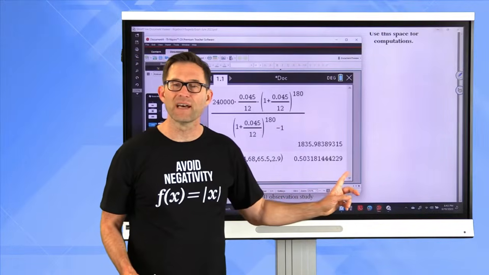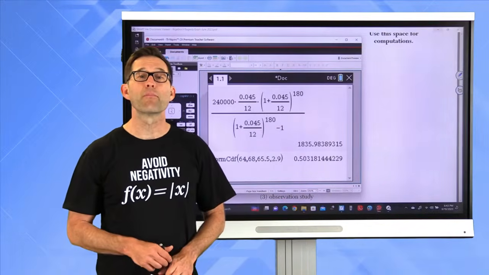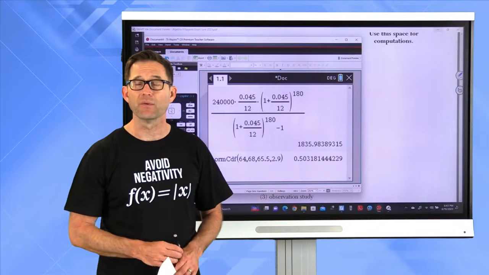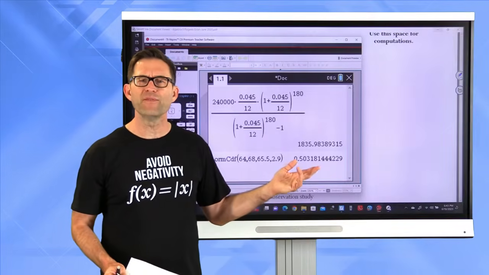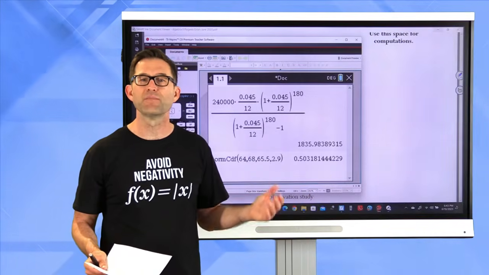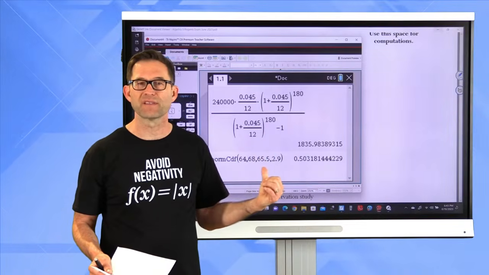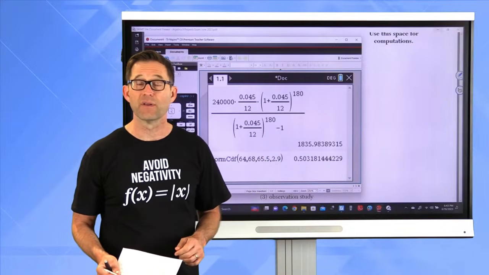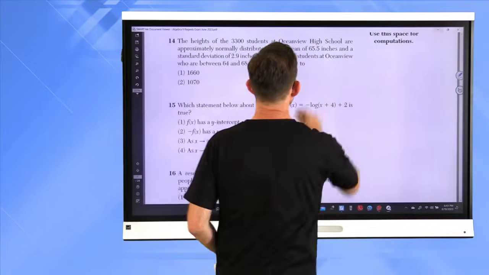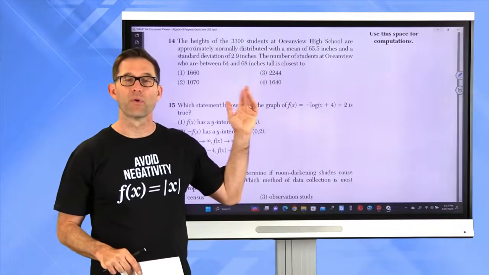spits out this long decimal. And that is literally the proportion of the population that lies between those two values. In other words, about 50.3% of the population lies between 64 and 68 when you have that mean and standard deviation. But that only gets us so far. We actually want to know the number of students.